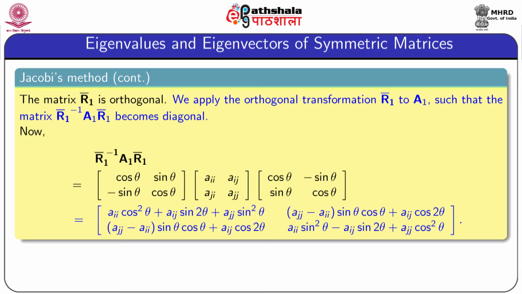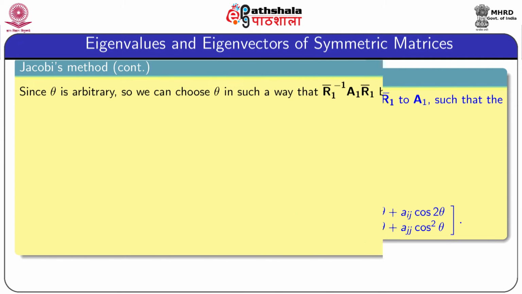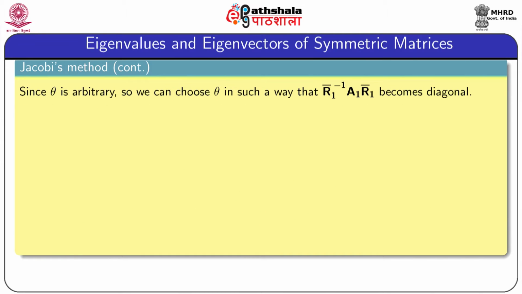The off diagonal element is (ajj minus aii) into sin theta cos theta plus aij into cos 2 theta, and the diagonal elements are different. Our intention is to find the value of theta in such a way that R1 bar inverse into A1 into R1 bar becomes a diagonal matrix. Therefore, we choose the off diagonal element of R1 bar inverse A1 R1 bar as 0.